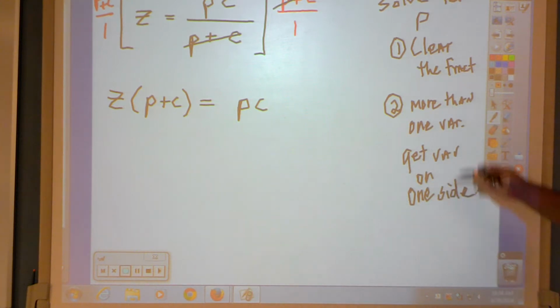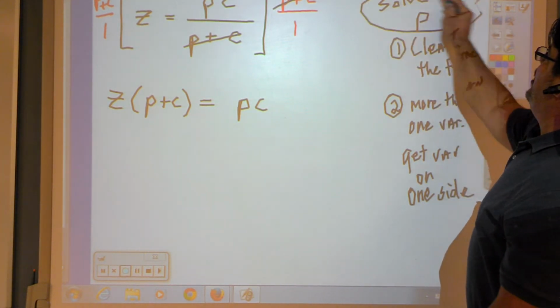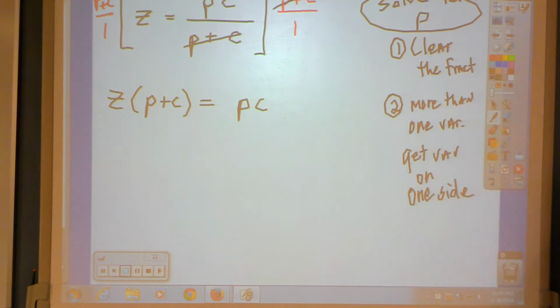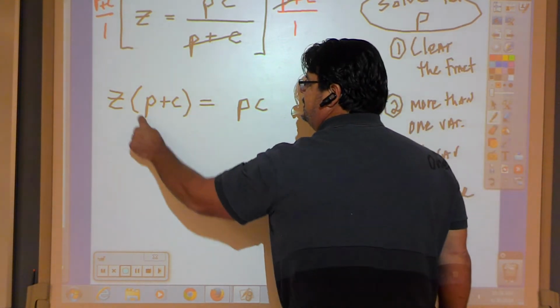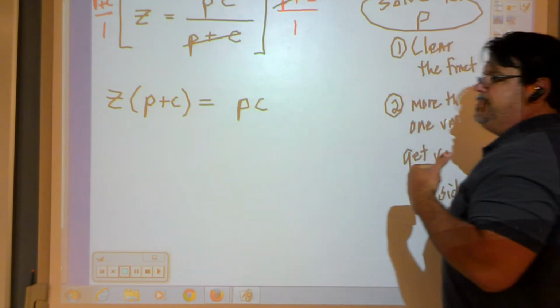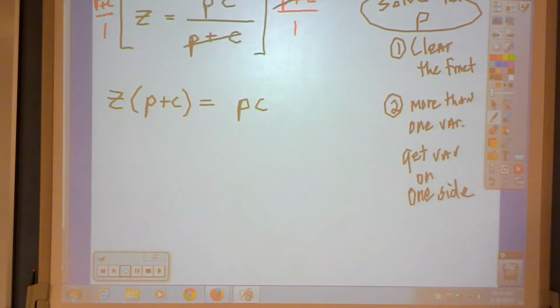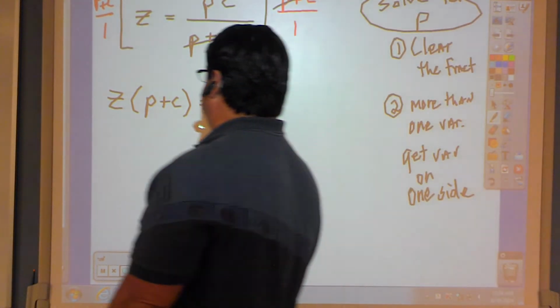Now what are we solving for? P. Do we have more than one P? Yeah. Then we've got to get the variable on one side. But we can't do that because P is in the concrete block. So what do we need to do to bust up the concrete block? Distribute.